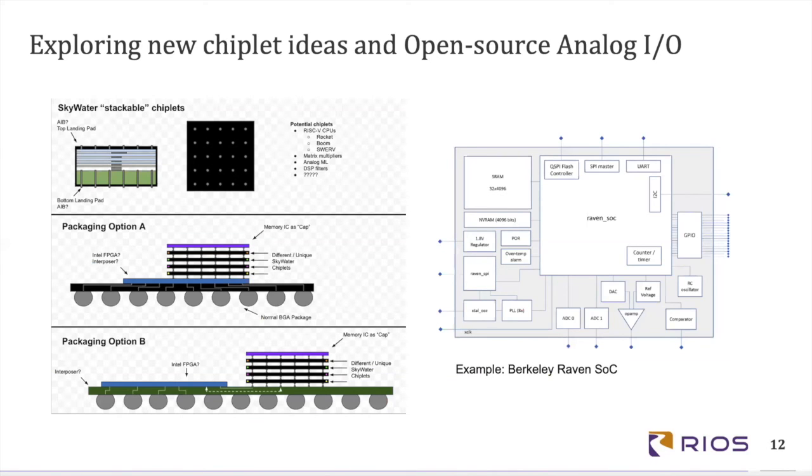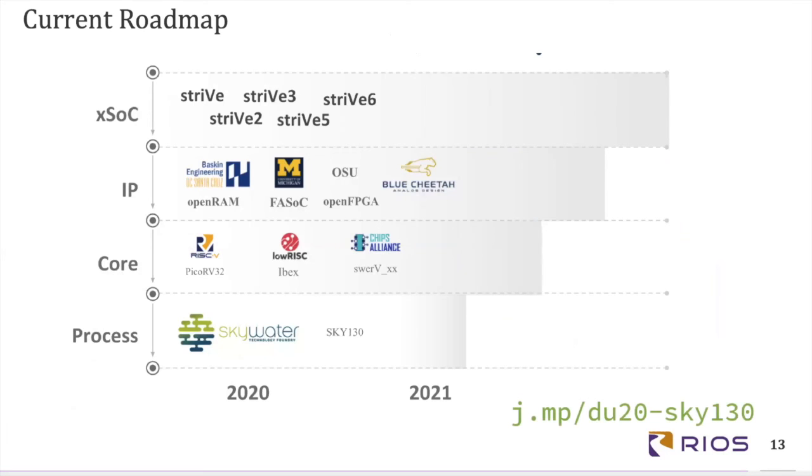We will also want to implement some new chiplet ideas and open source analog I/O, so that we can tie our chip with an Intel FPGA and do some interesting application on it. This is our schedule. We hope we can tape out our full open source PicoRio in summer. That's all. Thank you.